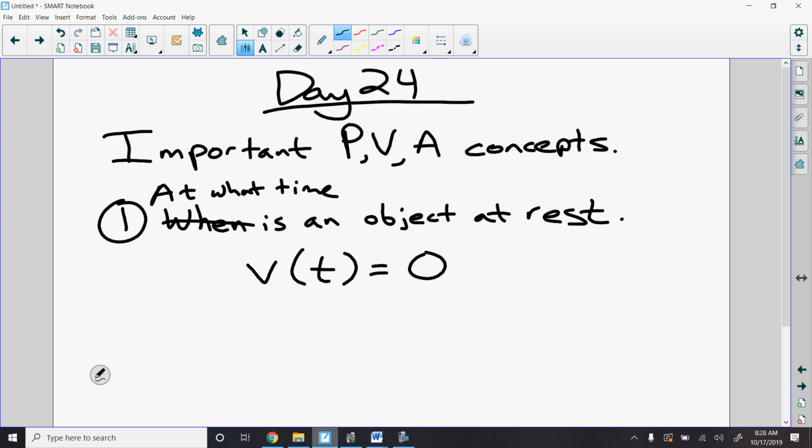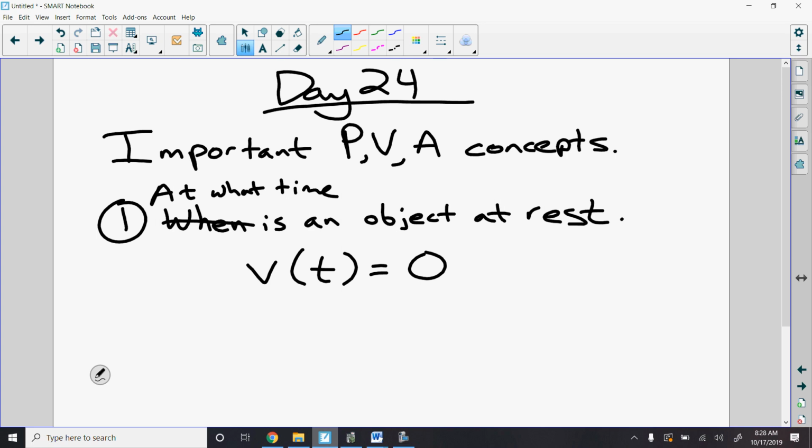Now notice, I'm not plugging in 0 for t here. I'm setting my velocity equation equal to 0, and then I'm going to solve for t because that's what I want to know. For example, just a small example here.